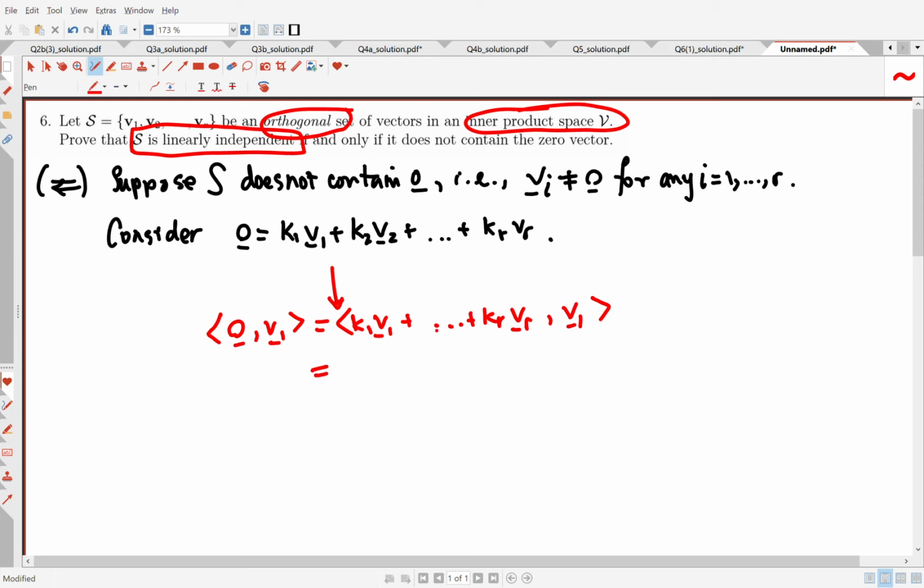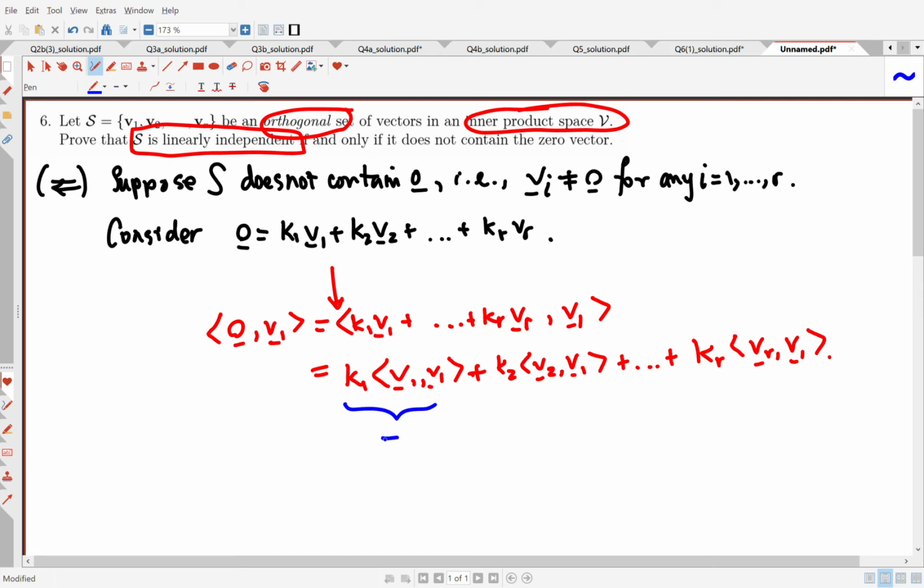And we can use the property of the inner product, the second property, I will get k1 ⟨v1, v1⟩ plus k2 ⟨v2, v1⟩ and so on until kr ⟨vr, v1⟩.